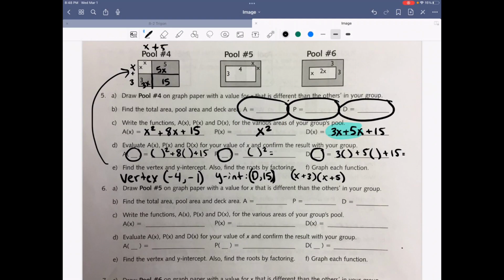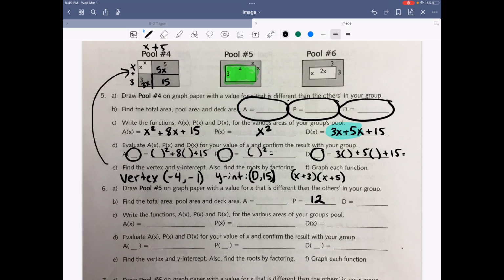Now you're going to draw on pool number 5, and pool number 5 is a 3x4 pool. So the pool is 3x4 no matter what. That's the swimming pool. So the area of the pool is 3x4, which is 12. Then you're going to draw a deck around the whole pool.